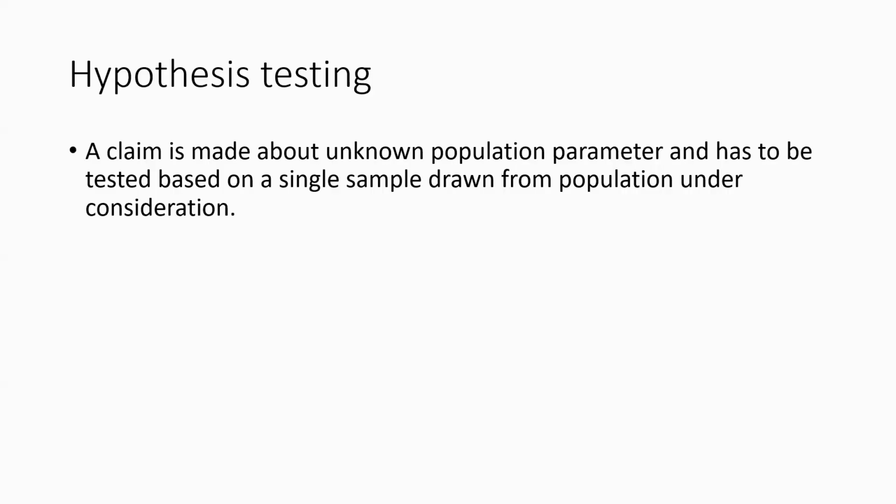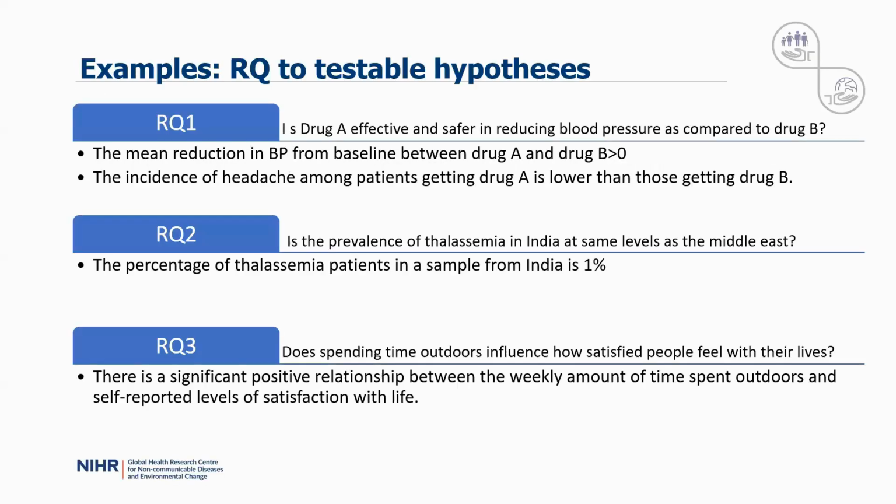Or it can be a percentage. These are just some examples of how different kinds of research questions can be converted to testable hypotheses. So let's say your overarching research question is: is drug A effective and safe in reducing blood pressure as compared to drug B?